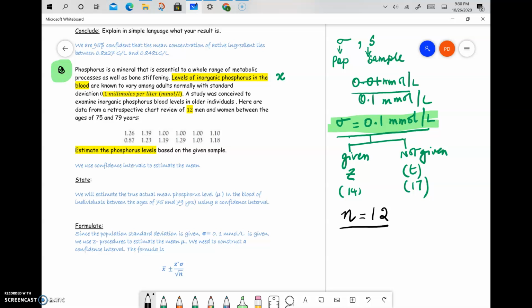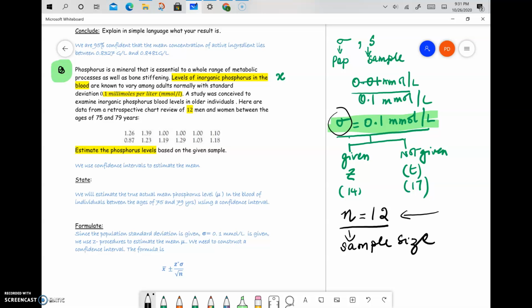So the number 12 is really N. And what is N? N is the sample size. So as you read the question, make sure you're making note of these numbers along with the symbols, because your formula eventually will be in the form of symbols, and all you have to do is plug in these symbols or the numbers related to these symbols into the formula and you're done.